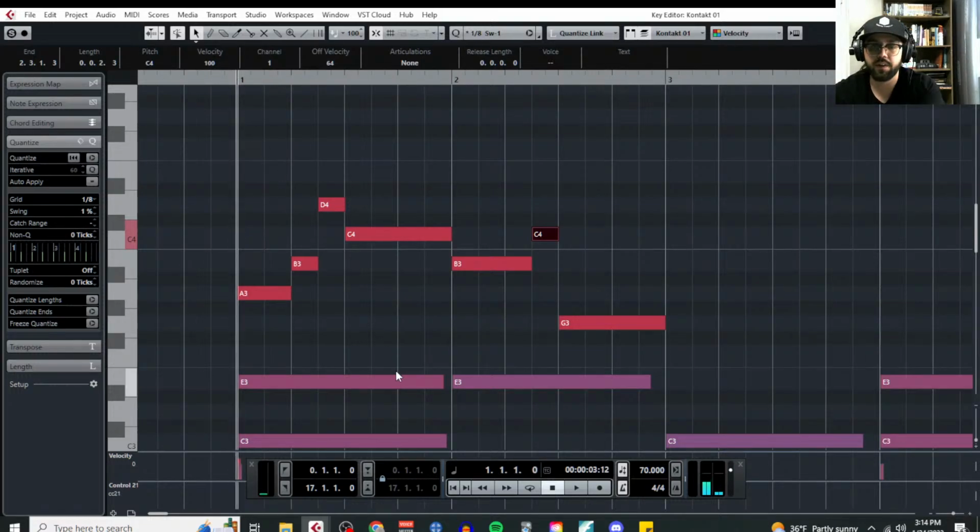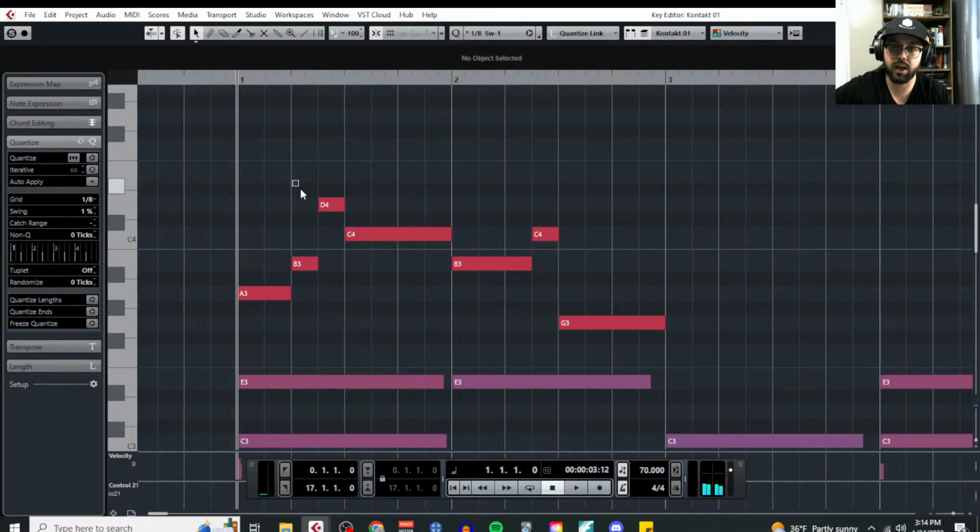So our shortest subdivision is a quarter note, or eighth notes. We've got quarter notes, then we've got half notes, dotted quarter notes, all that stuff. So the idea here is that our shortest notes are not any faster than an eighth note or quarter note.